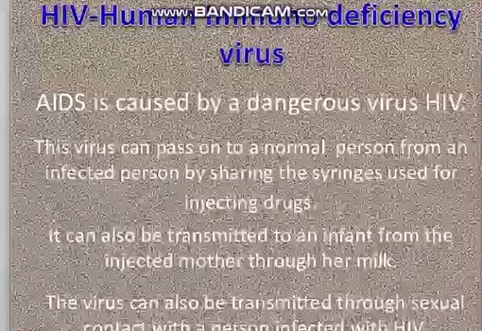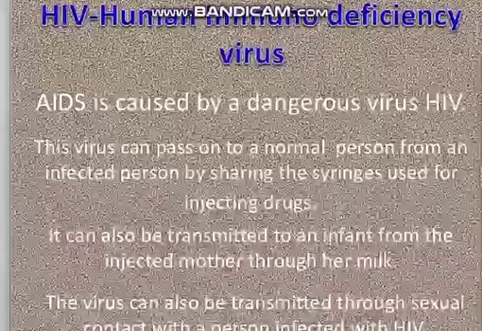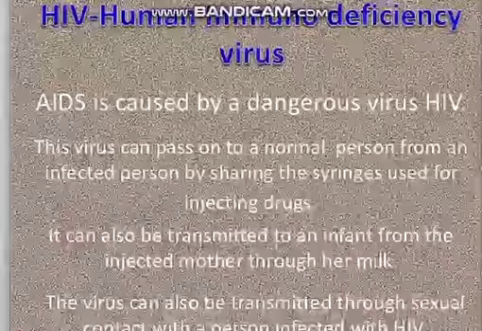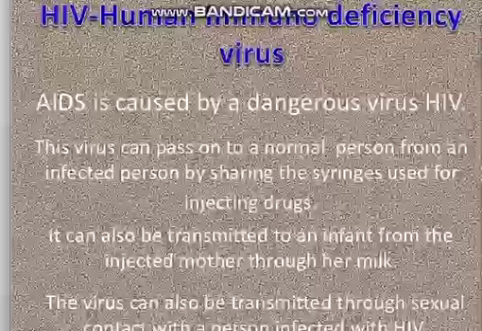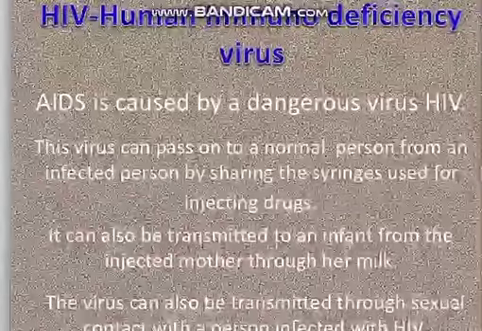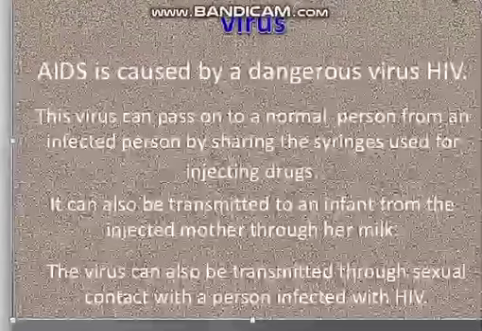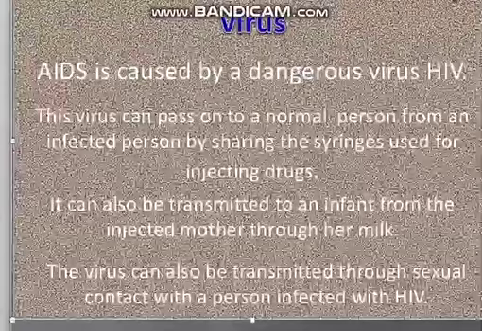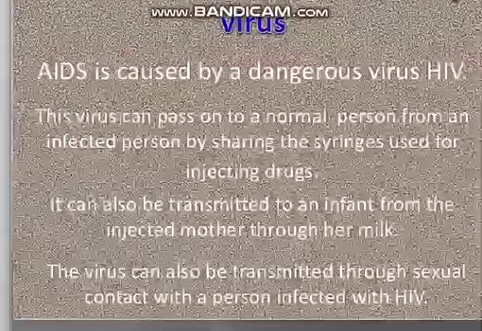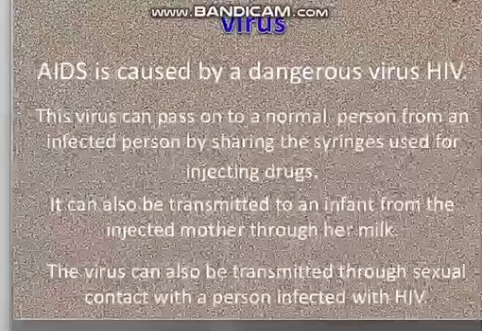It can also be transmitted to an infant from an infected mother through her milk. This virus can also be transmitted through sexual contact with a person who is HIV positive. So by these ways the HIV virus can be transmitted from one person to another.